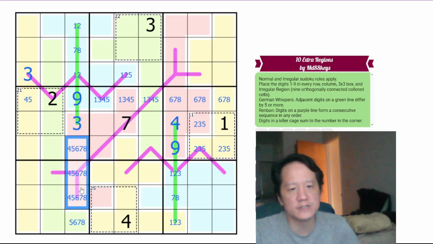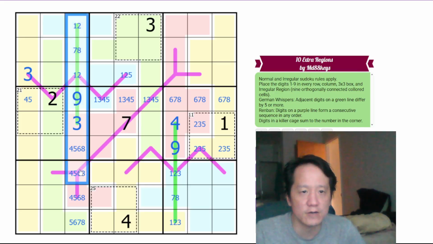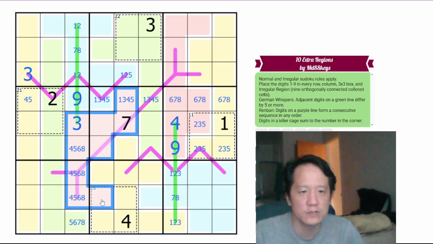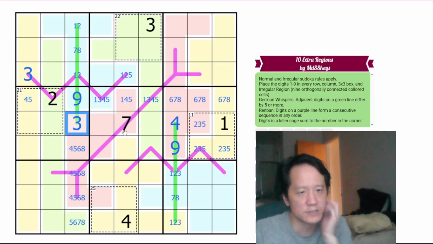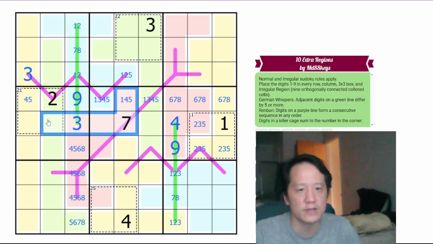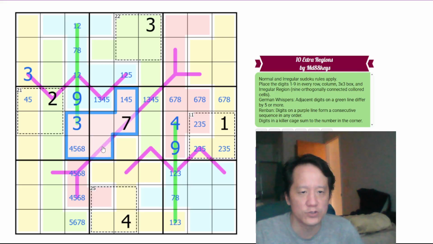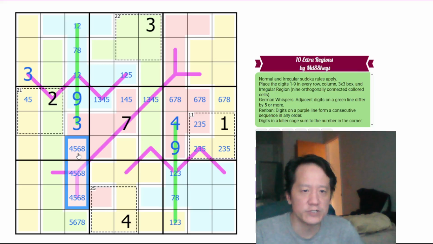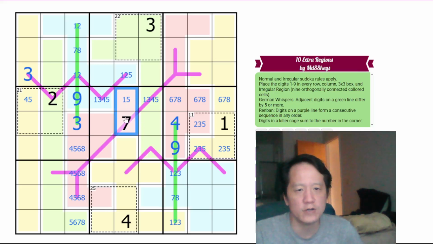This 7 means 7 cannot be in any of the remaining digits in that irregular Sudoku region. We know this can't be 3 because the 3 can't be in that irregular Sudoku region. 4 has to be one of these 3 digits, so this can't be 4 in this irregular Sudoku region, because one of these must be 4.